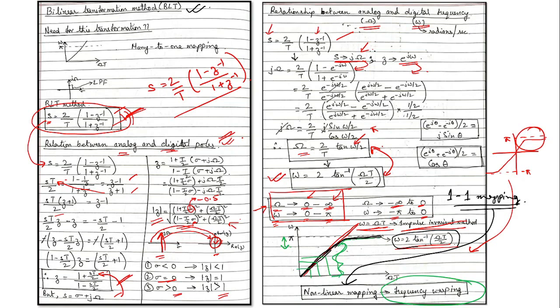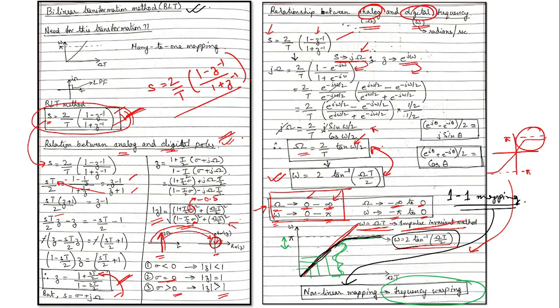We need to understand whether that mapping would lead to a stable filter if you are using a stable analog filter. And the next one is the relationship between the analog and the digital frequencies, because it is important.